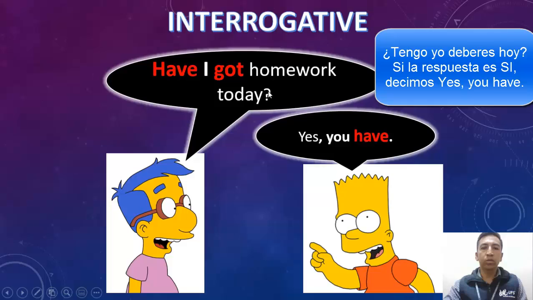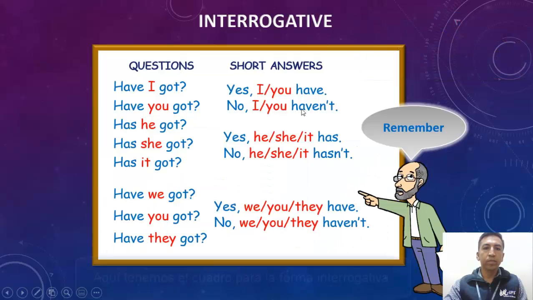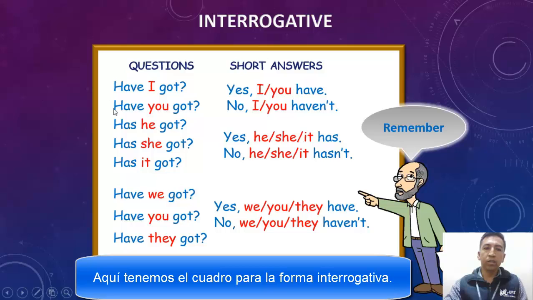For the interrogative form, we use have at the beginning, then the subject and got. Have I got homework today? If the answer is yes, we say, yes, you have. She has got a ball. In the question we have, has she got a ball? If the answer is negative, we say, no, she hasn't. And here we have the chart for the interrogative form.